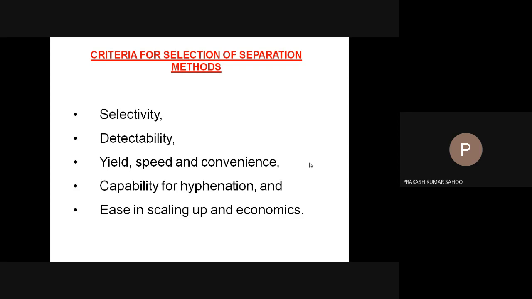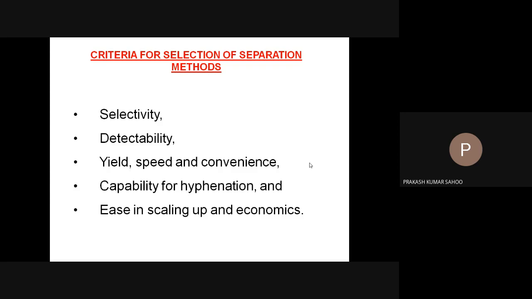In selectivity, the foremost and most important criterion is selectivity, because if I select a wrong separation method for a particular reaction mixture, then the separation is not effective and we don't get the desired result.